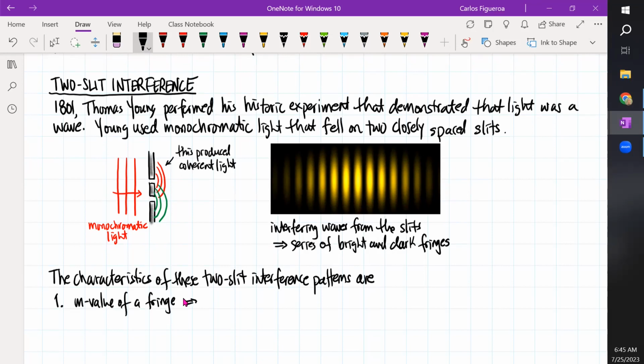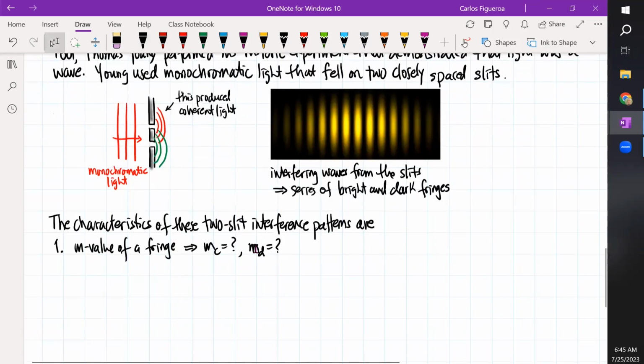In other words, we want to know what MC is. We want to know what MD is for some particular fringe.